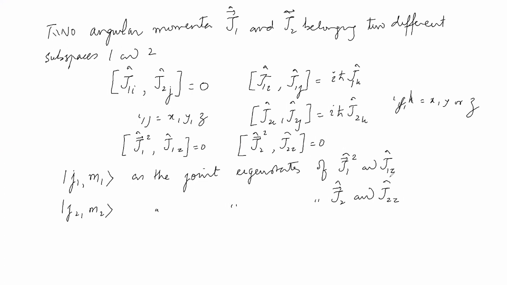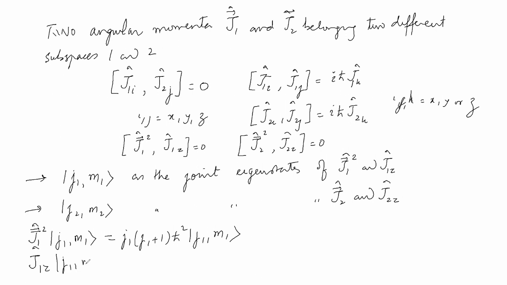Now I am writing the same analogy as we did for a single particle, because I am treating J1 square, J2 square independently, such that when J1 square operates on this joint eigenstate, this gives us J1 times (J1 plus 1) ħ square |J1 M1⟩.